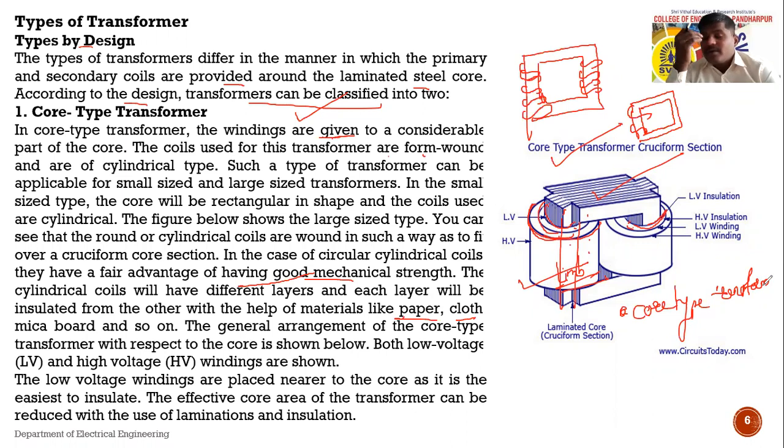The LV winding is wound nearer to the core. कोरच्या जवळ किंवा कोरच्या भोवती पहिल्यांदा LV winding wound करतो आपण. Okay, and above that LV winding we are using the HV winding. Above the LV winding, the HV winding is wound. LV winding भोवती HV winding wound केले असेल.